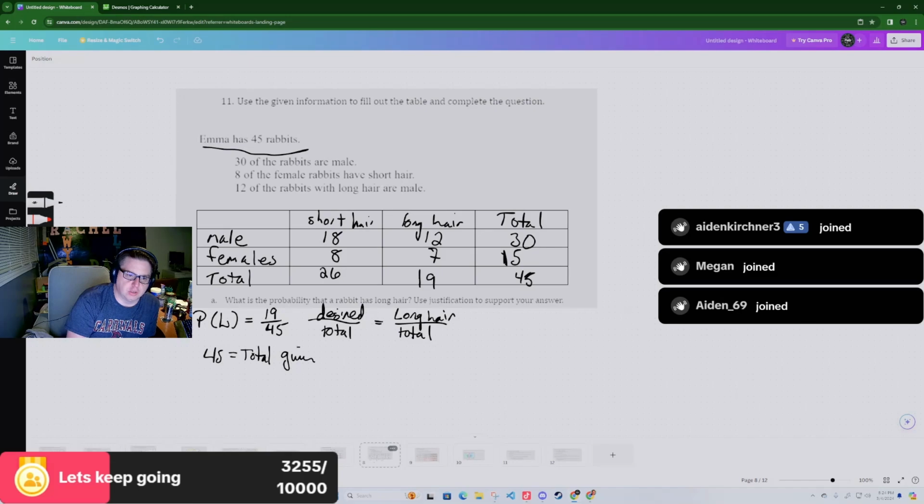That's given information. The problem told us. And then by simplifying some stuff, we discovered that the long hairs are 19. And then we would do substitution into here and then simplify, solve it out, find our decimal, all that good stuff.